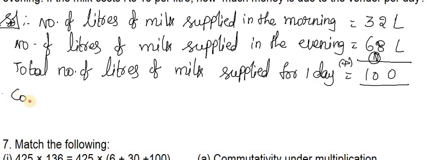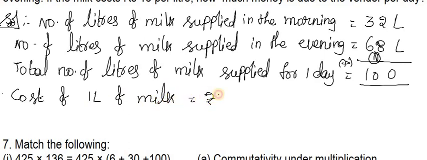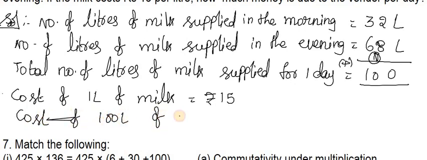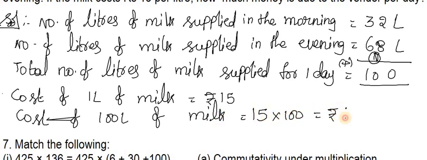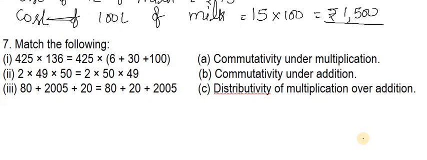Cost of 1 liter of milk is equal to 15 rupees. Cost of 100 liters of milk is equal to 15 into 100 is equal to 1,500. Means for one day the hotel has to give 1,500 rupees. He is due rupees 1,500.